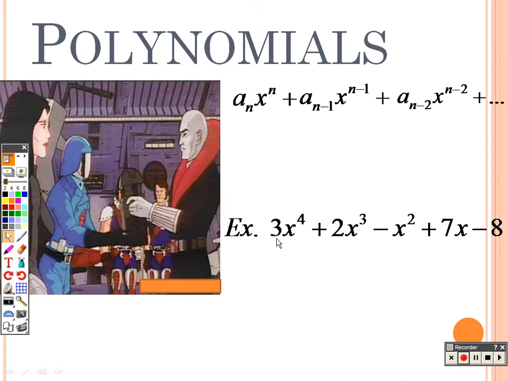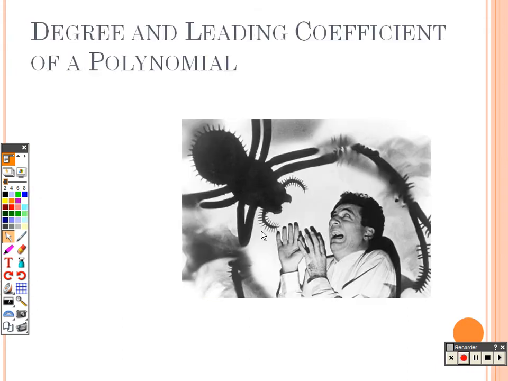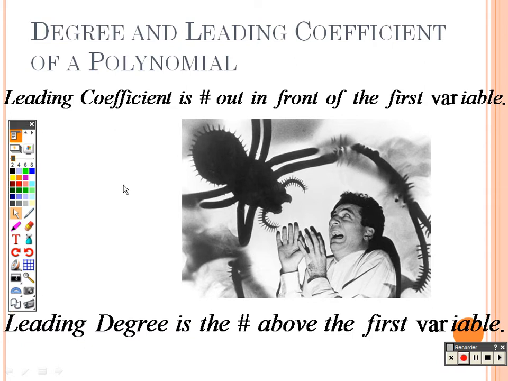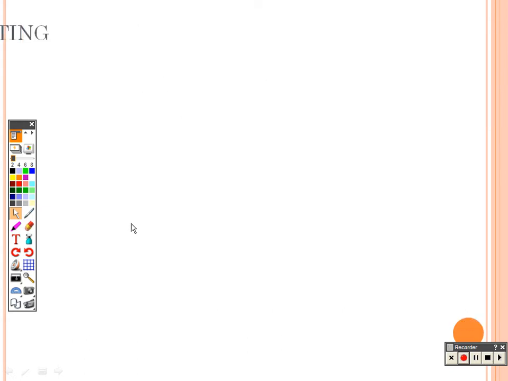So in this right here, because it's in order, this 3 is the leading coefficient. So it's just something to keep in mind. It's the number that's out in front. So the leading coefficient is the number out in front, and the leading degree is the number above the first variable. Okay, and that's what I showed you. So the leading degree is the number with the first variable, the highest coefficient there.